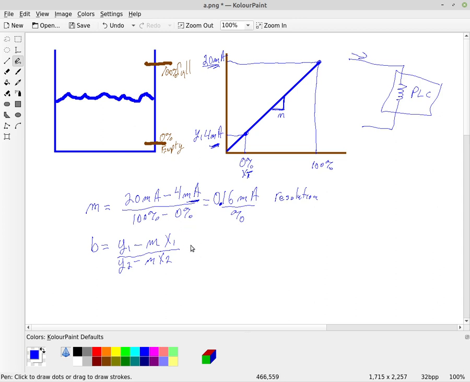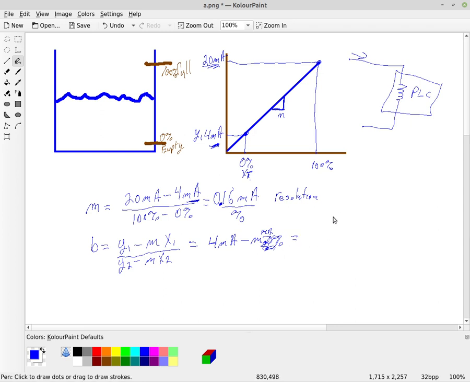All right, so if we calculate B, x1 is 0, so we would have 4 milliamperes minus the m, which is our m value here, times x1, which is 0 percent. But this is milliamps per percent, so the percents will cancel out and we're just left with milliamps.